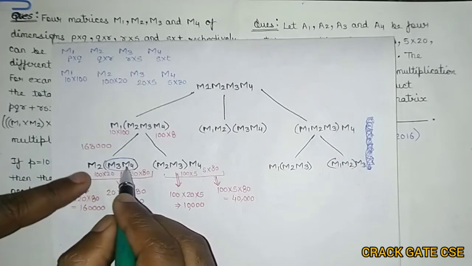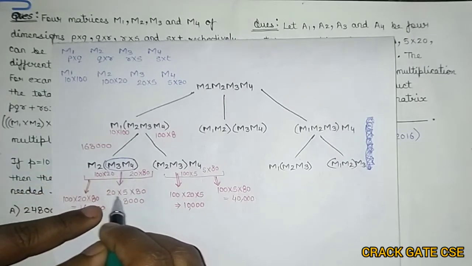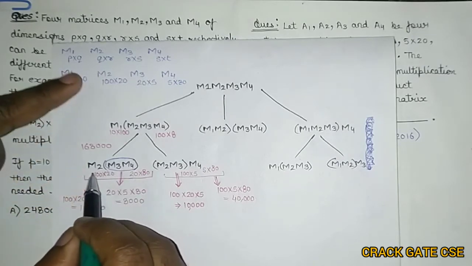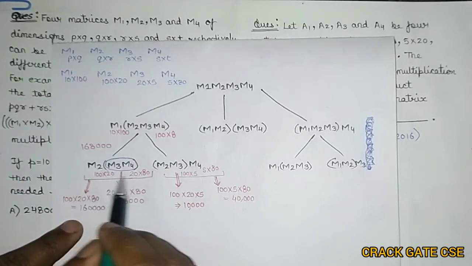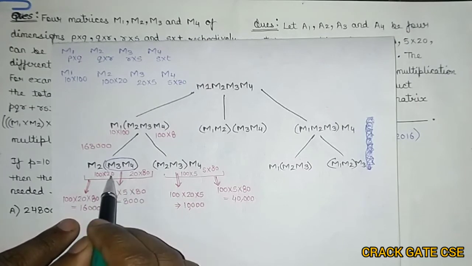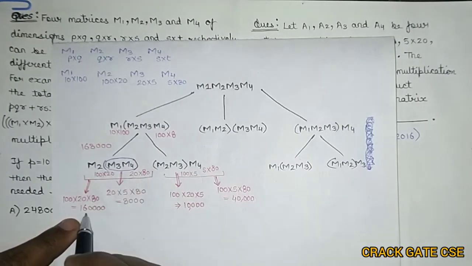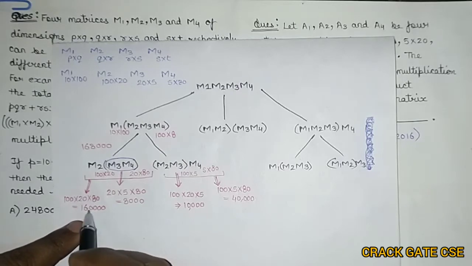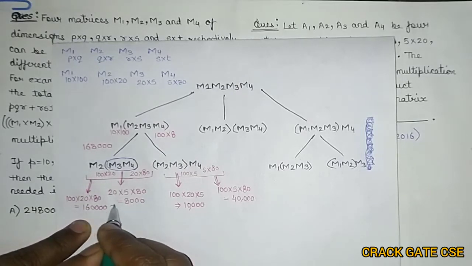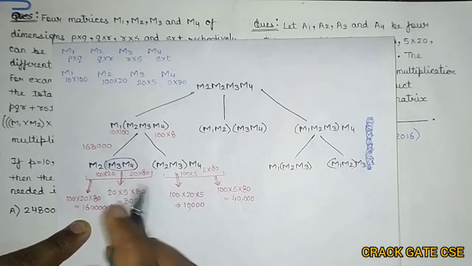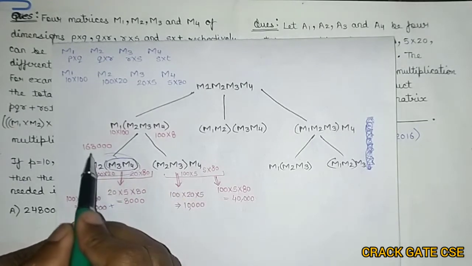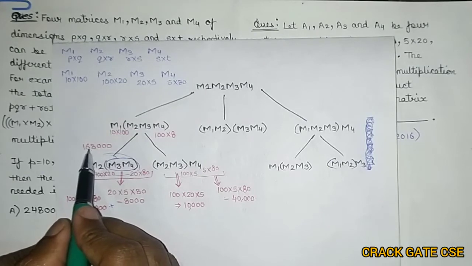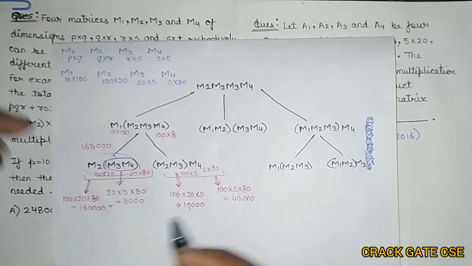The new dimension of M3 M4 will be 20 by 80, and M2 has dimension 100 into 20. Multiplying these, 100 into 20 into 80 gives 1,60,000. Now we add these two values, because the total number of multiplications in this part is this plus this, so it is 1,68,000.